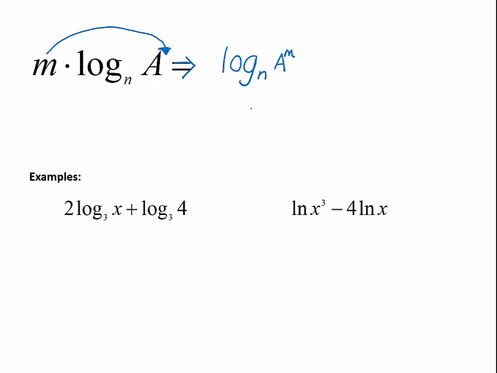Our first example, notice that we have two logs that are being added. They're the same base, but you can't add these two logs with this having a coefficient in front. That's not part of the property. So here's a really good reason why we'd want to move this to be an exponent, because now that coefficient is no longer an issue.